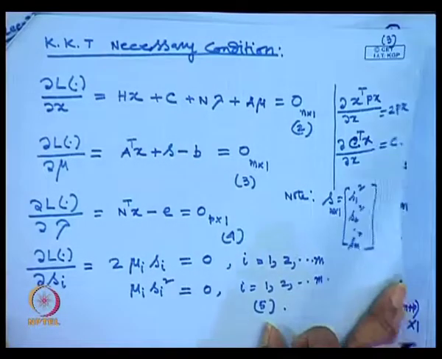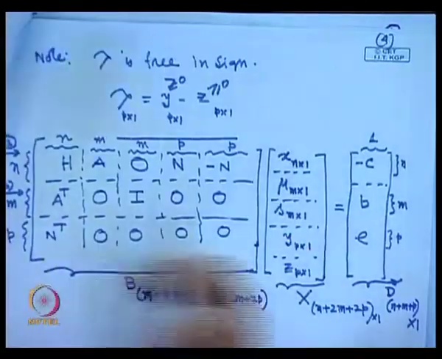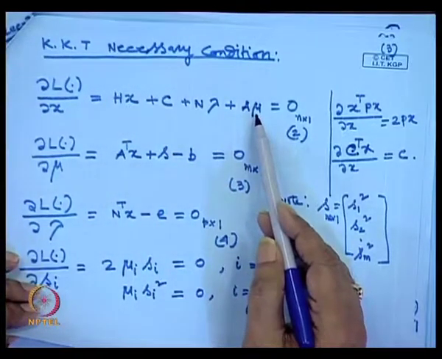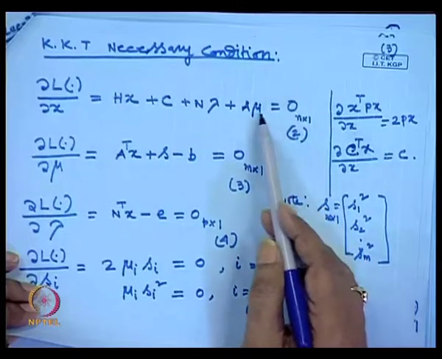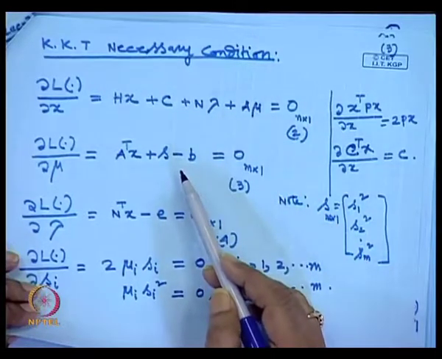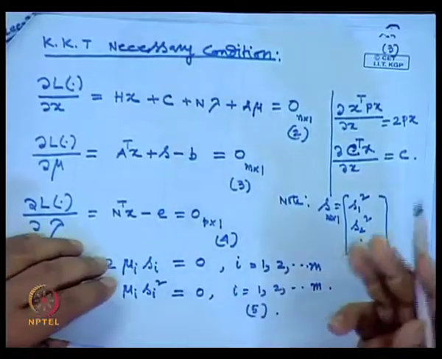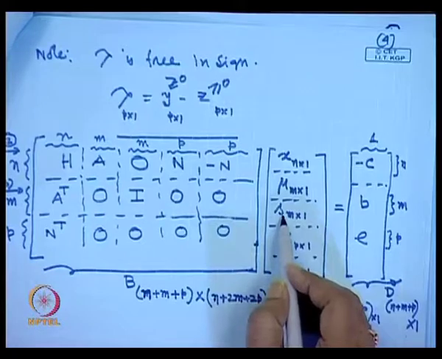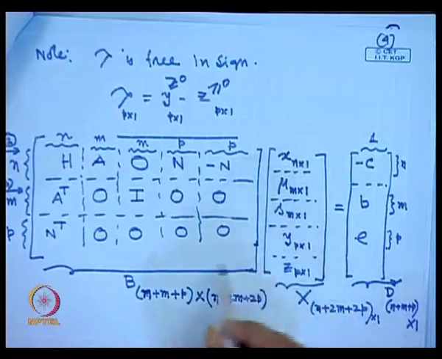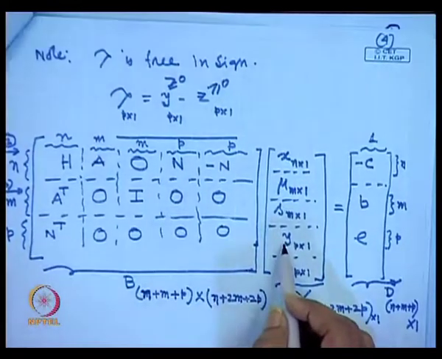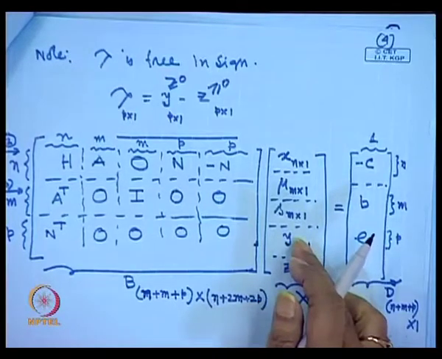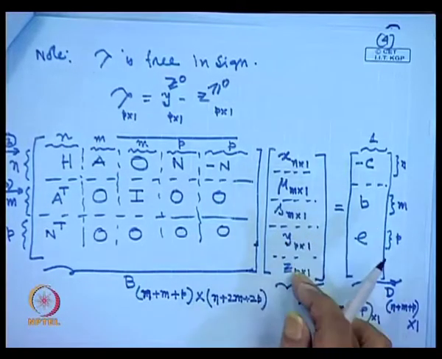First is the x variable, then mu, the Lagrange multiplier associated with the inequality constraint, then the variable s, the slack variables, then lambda. Since lambda is unsigned, we have split it into two positive quantities.